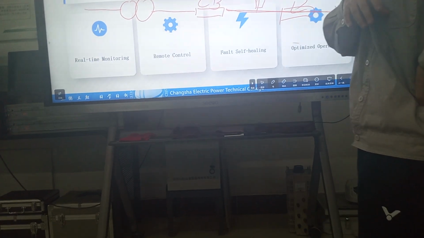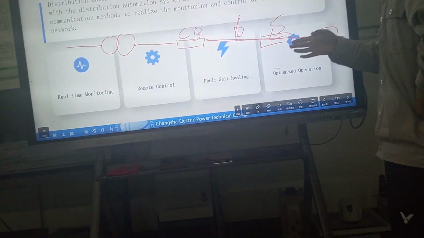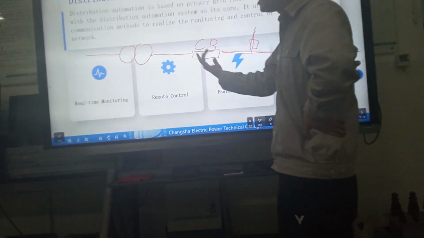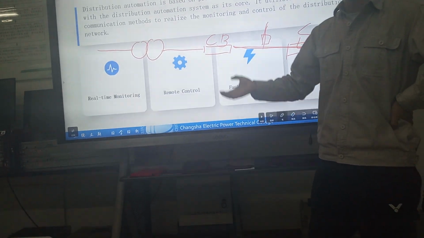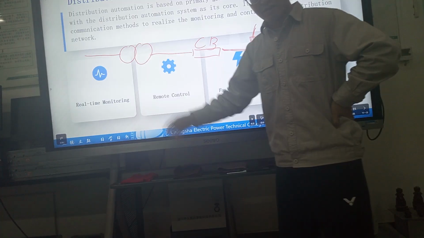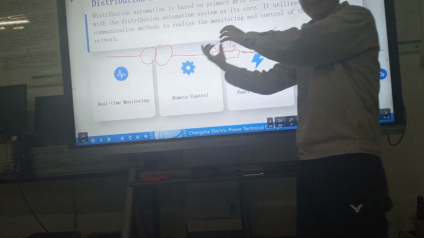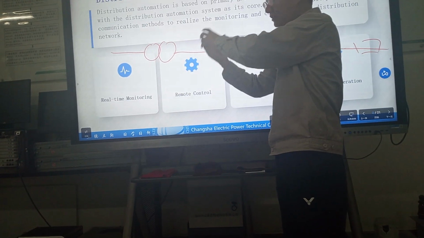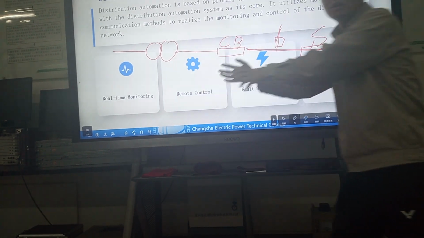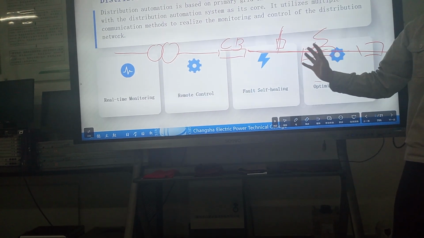Okay. So as I say, what might be the most challenging thing for us to implement the relay protection from substations into the distribution line?